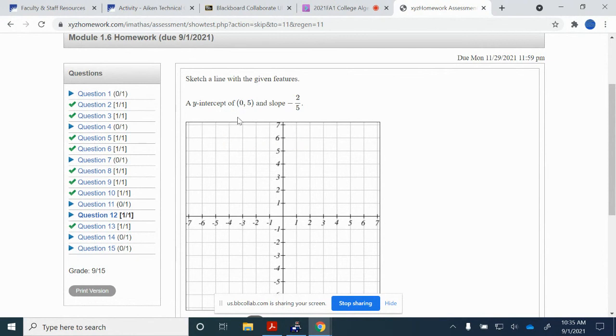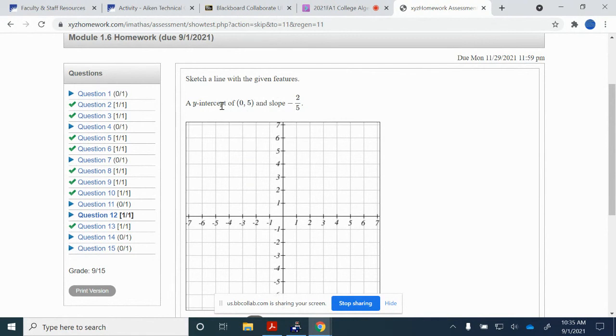I'm going to actually plot the point that I'm given. So it doesn't necessarily have to be a y-intercept. It could be any point on the line. But I'm going to plot the point that I'm given, and from that point, I'm going to calculate the slope.